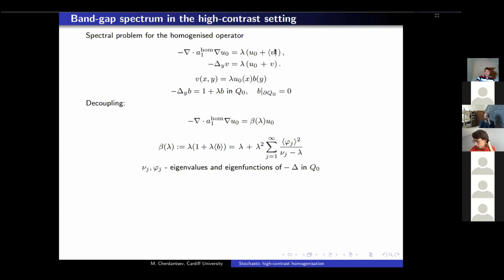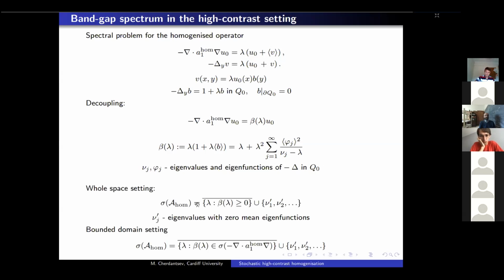The angle brackets mean the integration with respect to y. And then you get the macroscopic equation, where there is no term v, and this parameter function beta of lambda is given by this formula. This is pretty straightforward, right? And what follows next, this infinite series, is the spectral decomposition of the solution v in terms of the eigenfunctions and eigenvalues of the Dirichlet Laplacian in the inclusion.